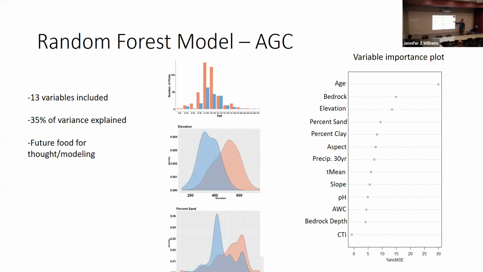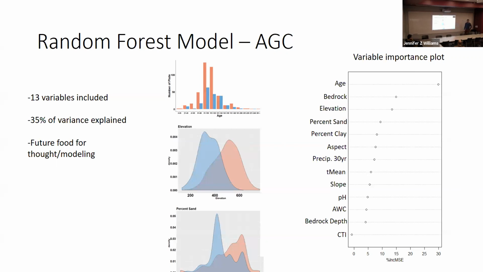Where I'm trying to tease this out is that elevation is next, and elevation is also controlled by lithology. They're interconnected. And then percent sand and percent clay, which are also inversely related, all the way down the line here.